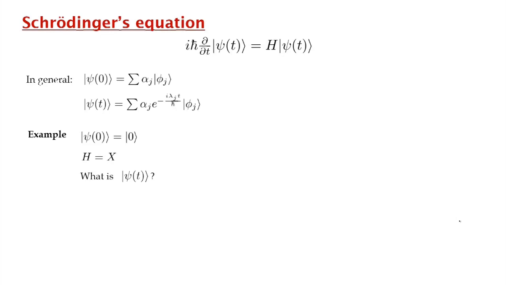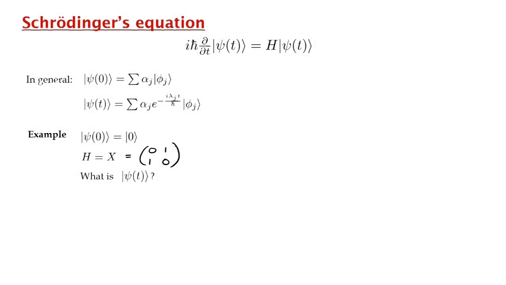So let's do an example. Suppose that we start in the state 0, and our Hamiltonian is X. What's X? Well, X is this matrix 0, 1, 1, 0, it's Hermitian, and we want to know what's the state at time t. So how do we even get started on this problem? Well, what we just saw is that we must first discover what the eigenvectors and eigenvalues of H are.